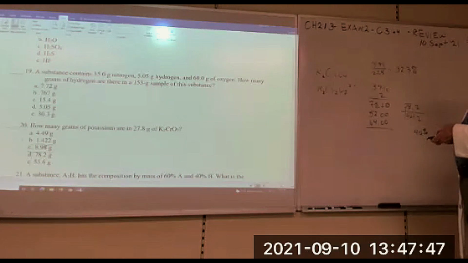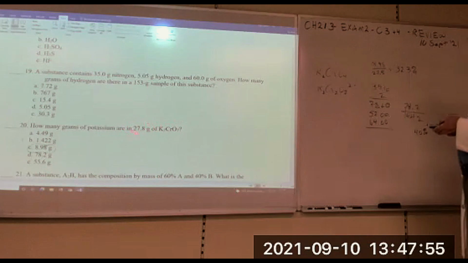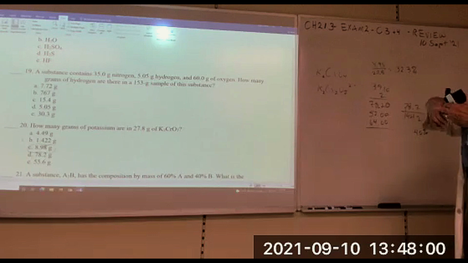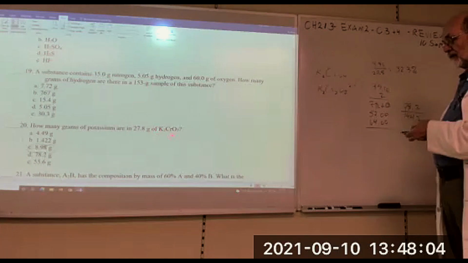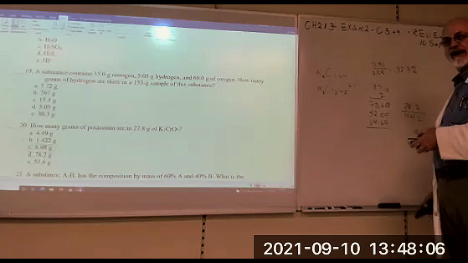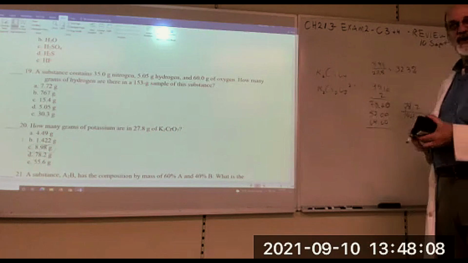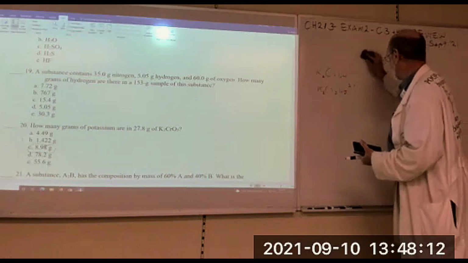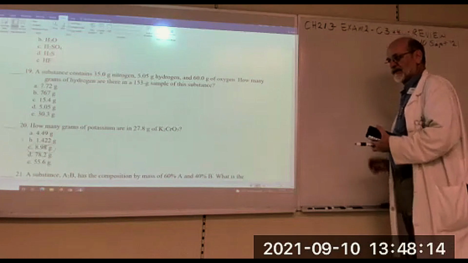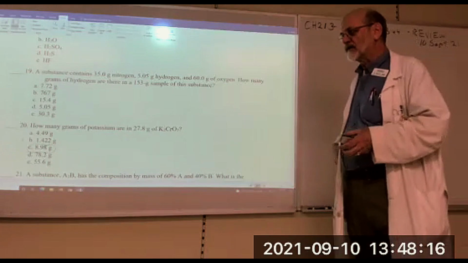Of course, if you work it, then you should come out with that answer, using this mass and this formula. Even if that's not a real compound, it should still work. That's what I get for using somebody else's database.